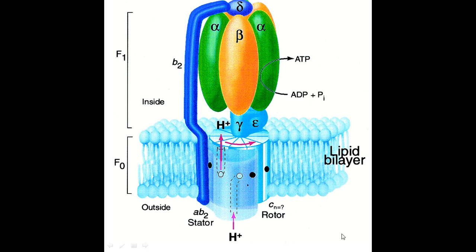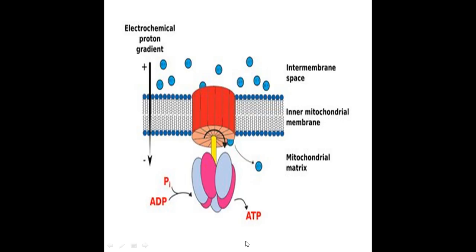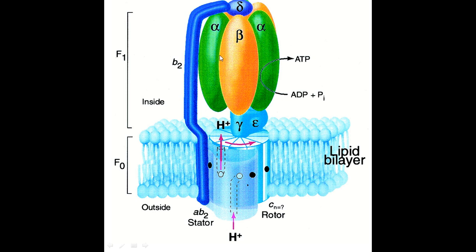So this side here is the intermembrane space. The hydrogen ions accumulate in the intermembrane space, and where the ATP synthase opens up to is the mitochondrial matrix. So this side is the mitochondrial matrix, and up here is the intermembrane space.